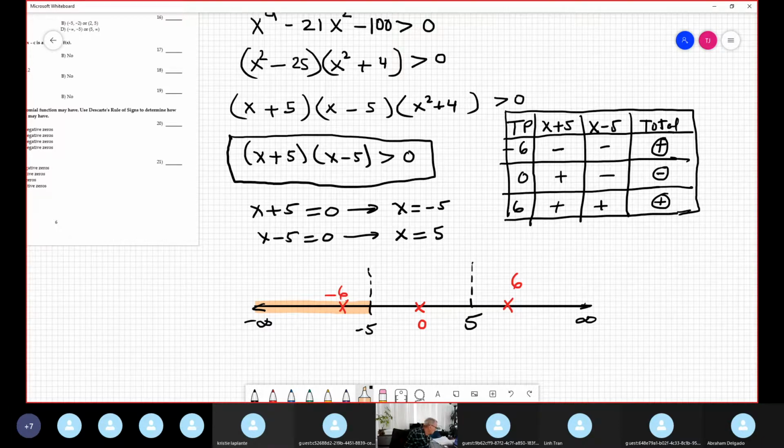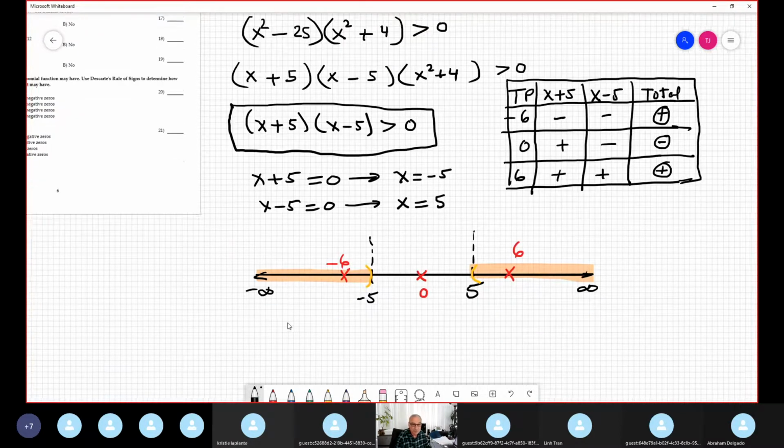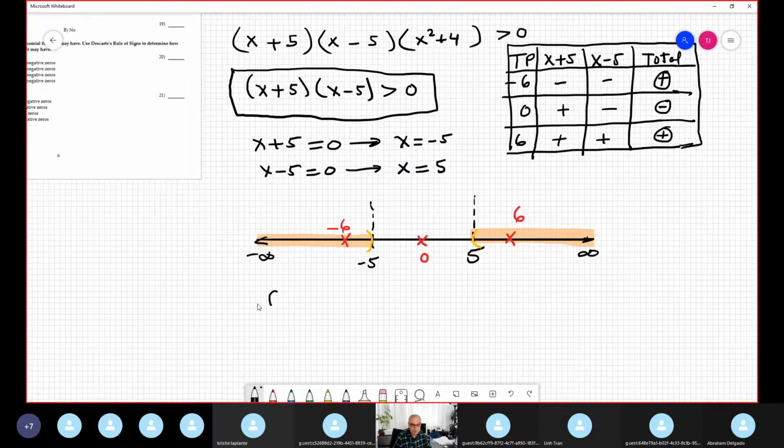No. Why no? Because our inequality does not include an equal sign. So the symbolic way to indicate this idea is using parentheses here. Therefore, our final answer is from negative infinity comma negative 5, union, positive 5 comma infinity.